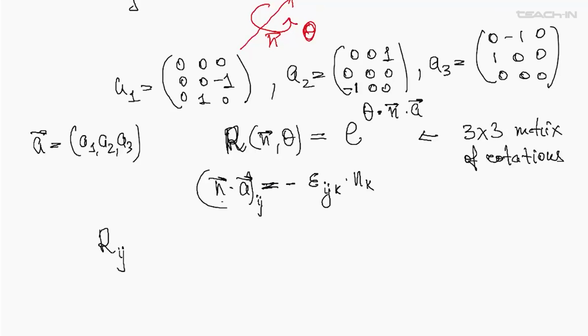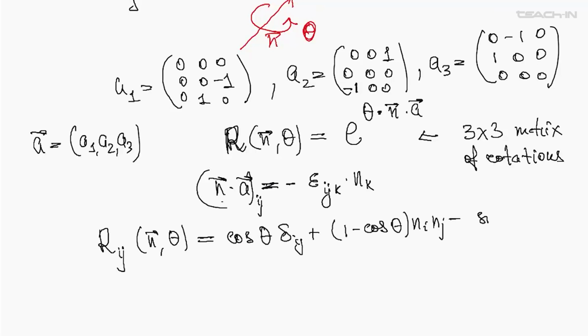So the ij component of R(n, theta) is equal to cosine theta delta ij plus (1 minus cosine theta) ni nj minus sine theta epsilon ijk nk.